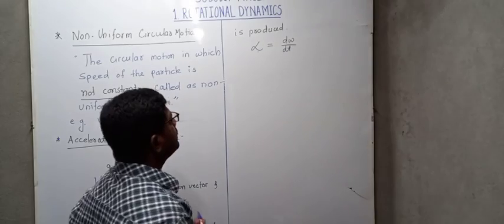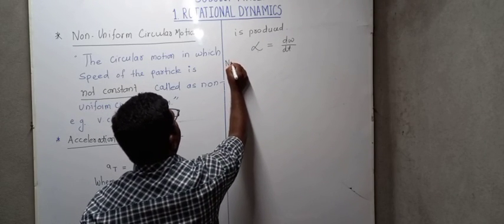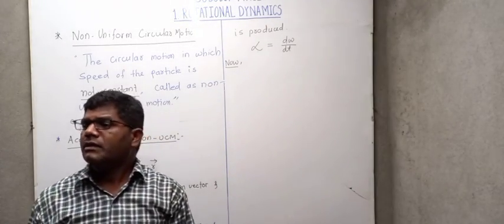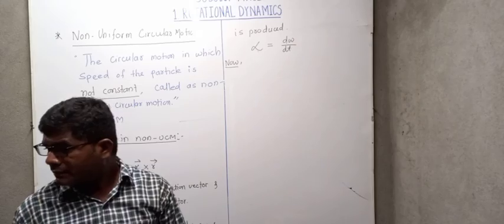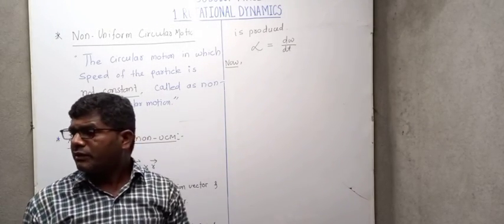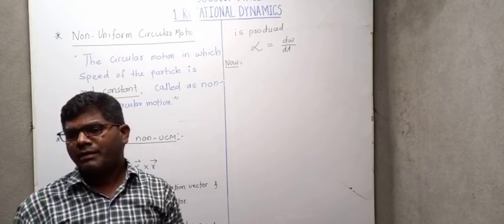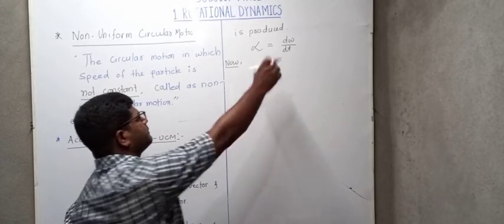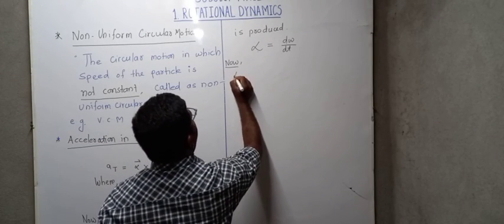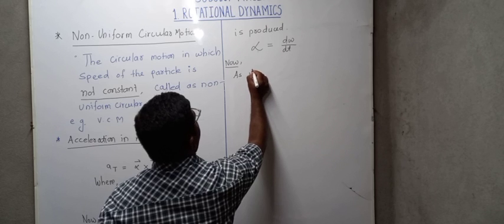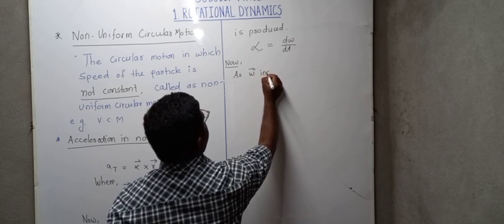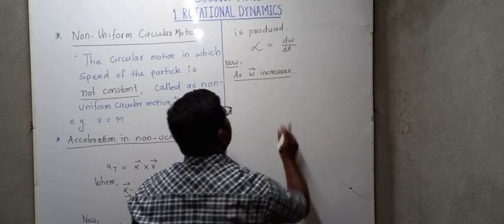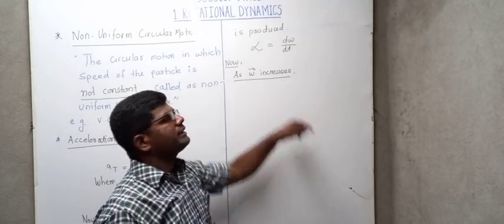Now, what happens when the angular velocity of the particle performing non-UCM increases, or decreases, and what happens when angular acceleration alpha bar remains constant and along the axis of rotation? Let us see. As omega bar increases, angular velocity omega bar goes on increasing.